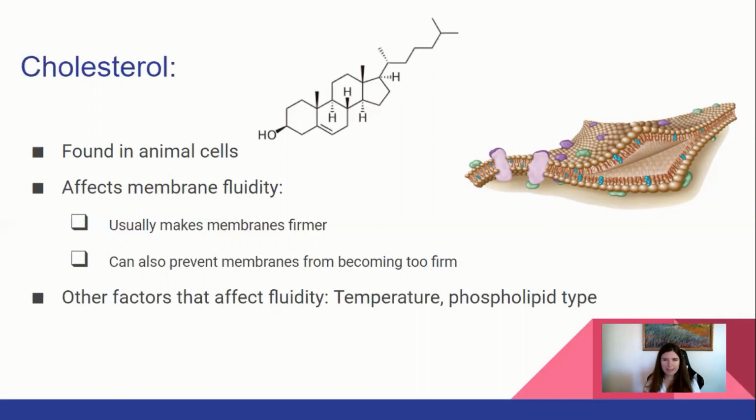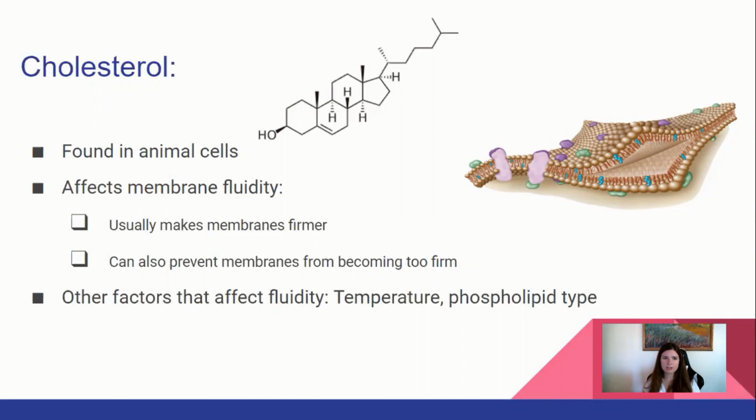But in certain cases, phospholipids can start to lock together, and in those cases, it's important to have cholesterol there, breaking them up, to stop the membrane from sort of crystallizing. So in certain rare cases, it also prevents membranes from becoming too firm or too rigid.